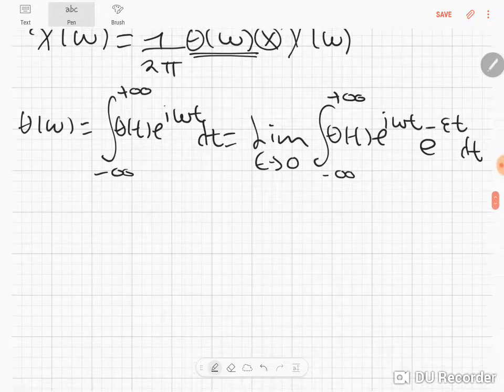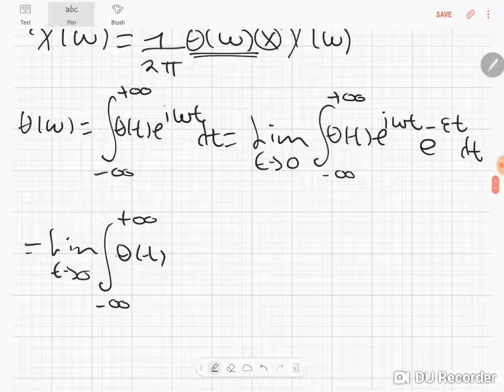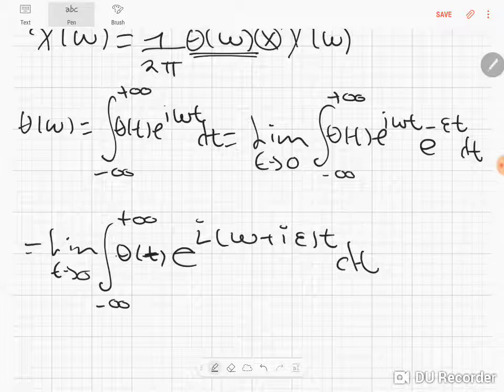This allows us to write the limit of epsilon going to 0, integral from minus infinity to plus infinity of theta of t e to the I omega plus I epsilon, all times t, dt.